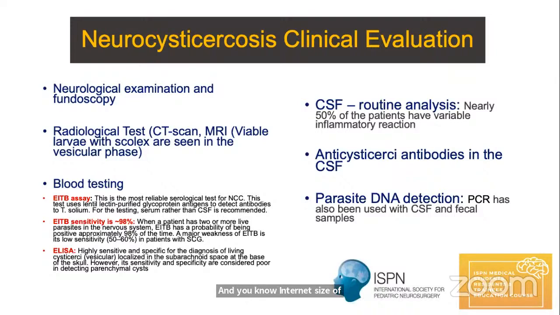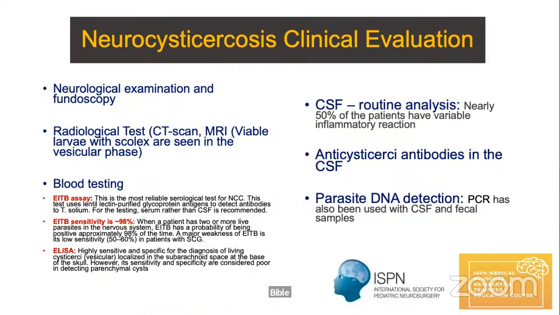Radiological tests like CT scan are mandatory to observe the fourth stage of cysticercosis. And MRI is also important because we can observe the larvae with the scolex in the vesicular phase.